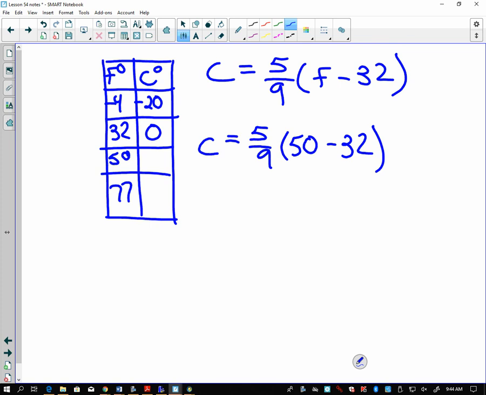All right, let's see if there's another part. The next thing you want to do for B is use the table to make a graph of the relationship. Basically you're going to treat these like x, y coordinates. Let's treat F like x and C like y. So I would plot negative 4, negative 20 on a graph, and now I'd plot 32, 0.